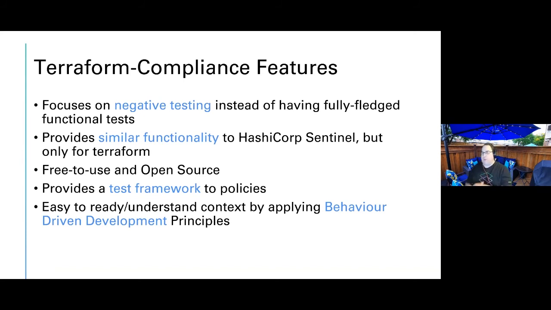If you're familiar with HashiCorp Sentinel, it's similar to that, but it's only specifically for Terraform. It's open source, whereas HashiCorp Sentinel has a cost involved, and there's a testing framework around building policies that will then be used as part of the scan.